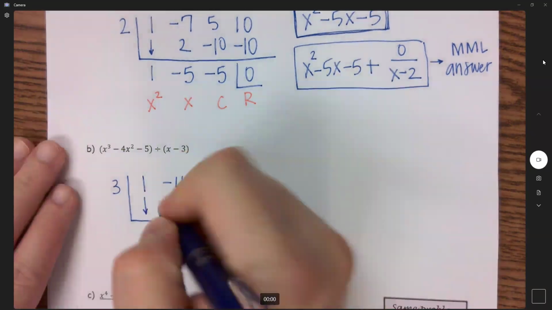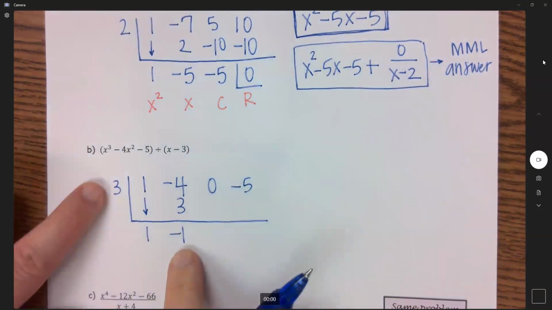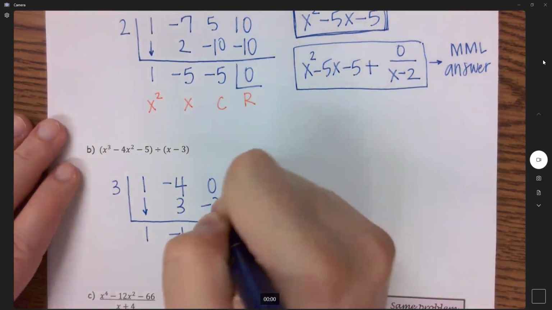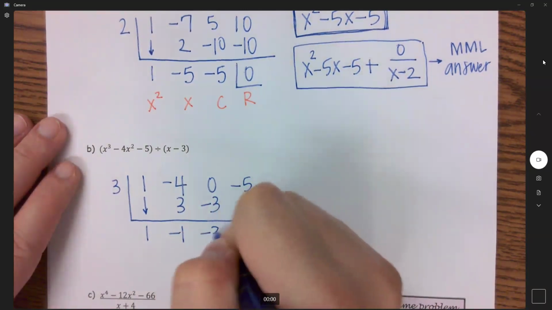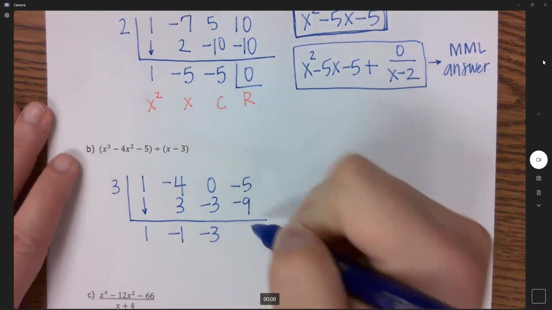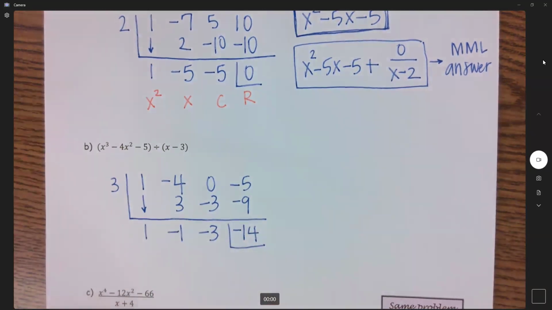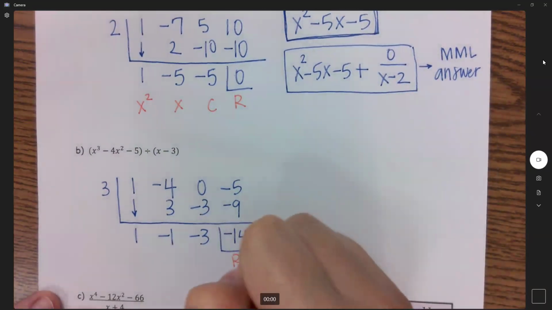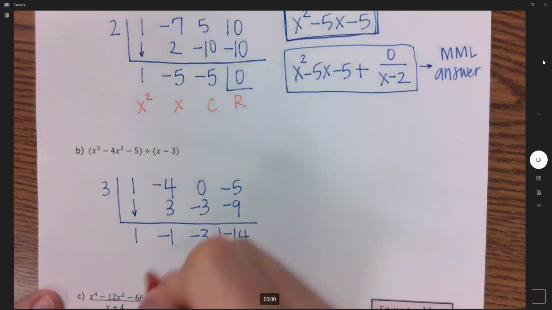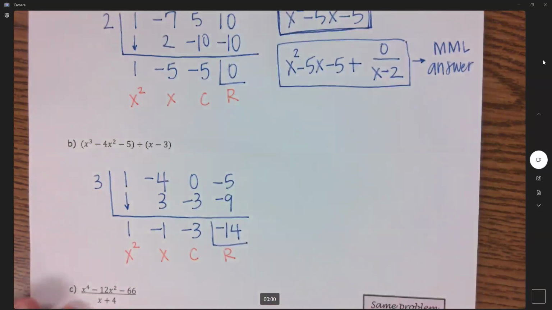Multiply these together, add. Multiply, add, multiply, add. Here is my remainder, my constant, x, and then x squared.